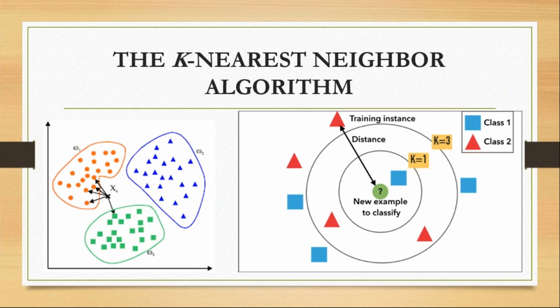A good example would be, suppose I have a bowl with lots of fruits. I have apple, banana, or oranges.